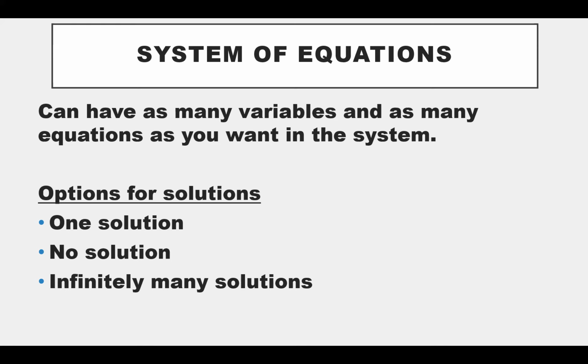And in fact, if the system had 5 equations and 4 variables, the same thing would be true. We'd have those same options. So there we go. That is how we can deal with systems of linear equations.